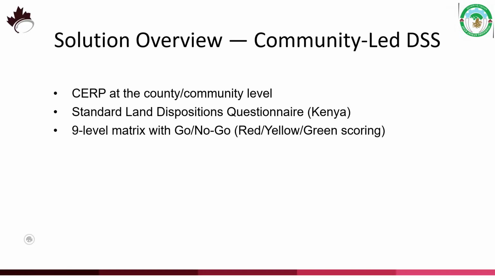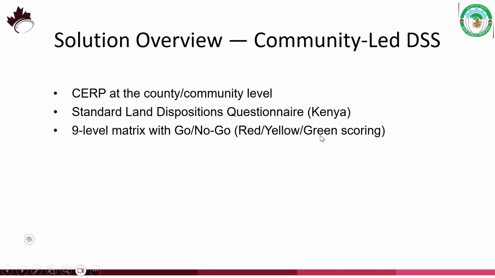And then the community would conduct an analysis of the questionnaire to determine if the CLUES criteria have been satisfied, and then they would have a no go decision, and based on the questionnaire and the matrix, they would have red, yellow, and green scoring.